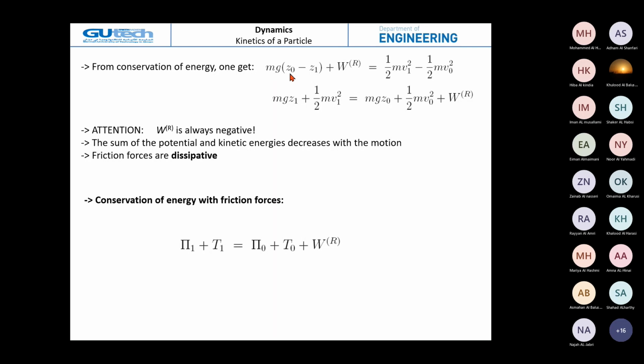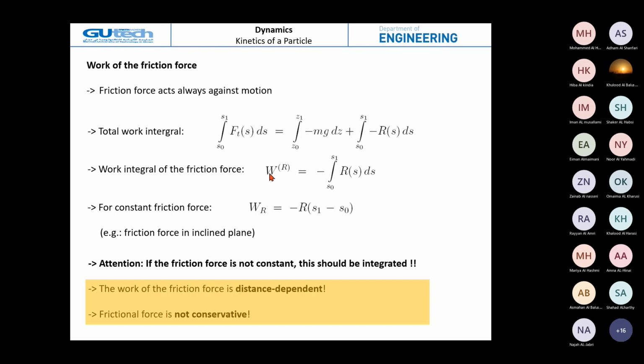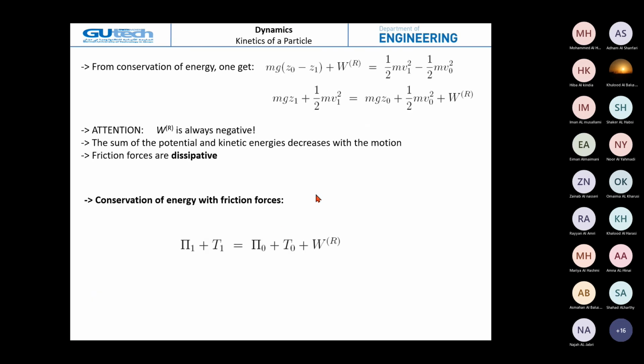But in this case, as there is friction, we have to add the work due to the friction force, plus W_R, and W_R is given by this expression, which is equal to the difference between the kinetic energy at time t1 and time t0.